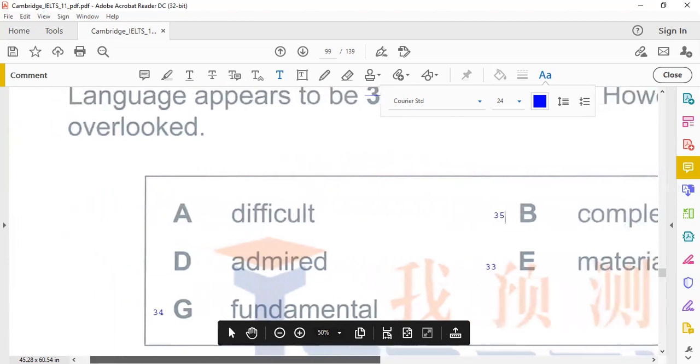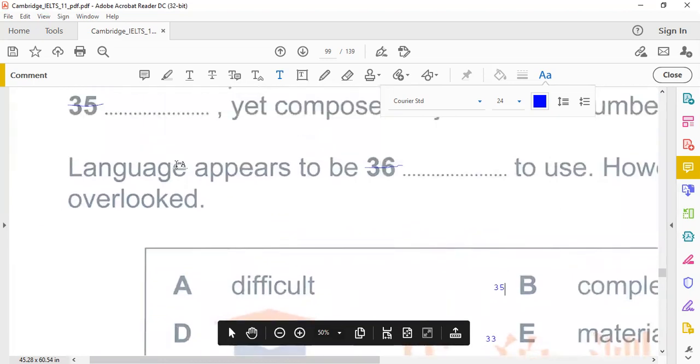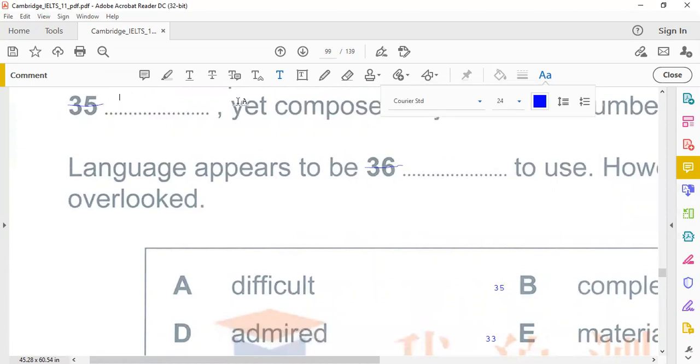Okay, so complex is the right word for this. B is the right answer.